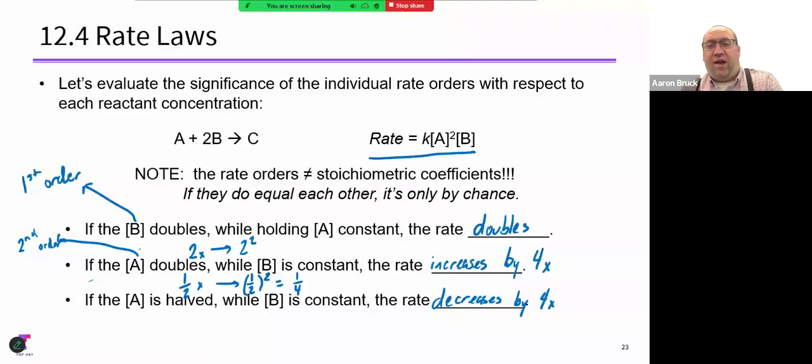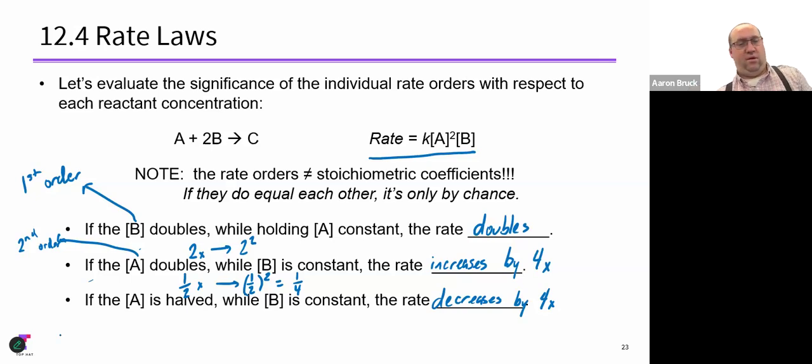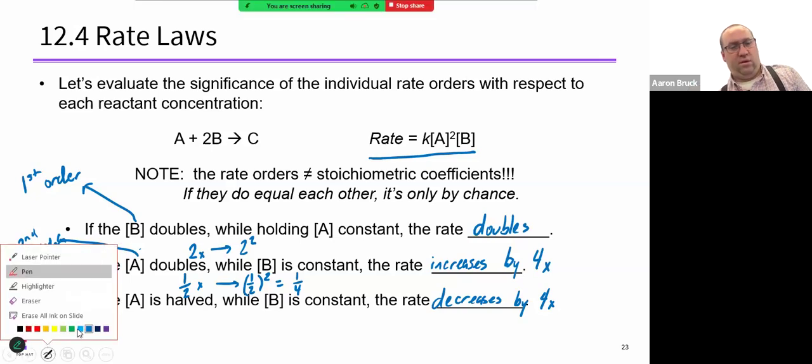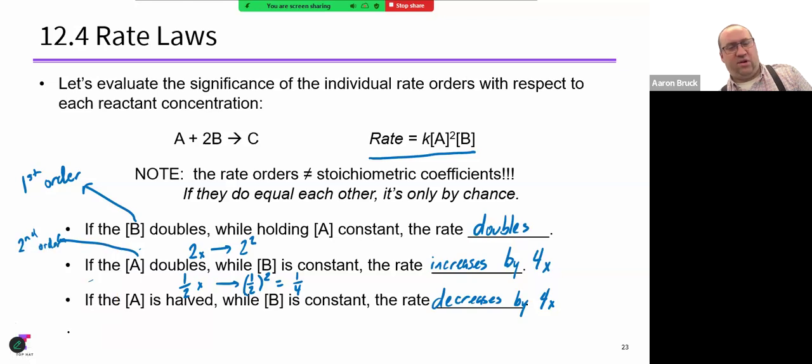That reaction is now going to go at quarter speed. So it would decrease by a factor of 4. Now, what if we were manipulating both at the same time? Let's add an extra one here.